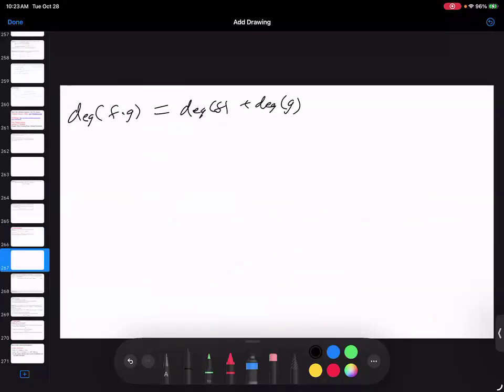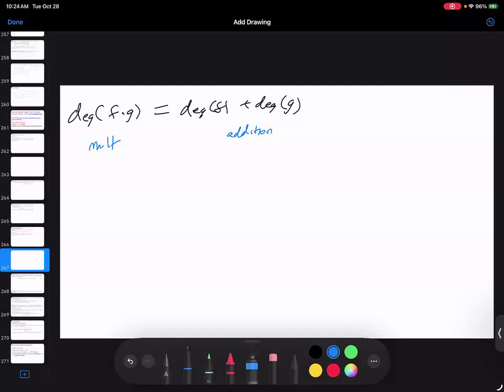Does this look like any maps you've seen before? Where have we seen something like this? Homomorphism. Yeah, this looks like a homomorphism where over here it's multiplication and here it's addition. It's a different group law, it's a different composition law, but it does look like a homomorphism.